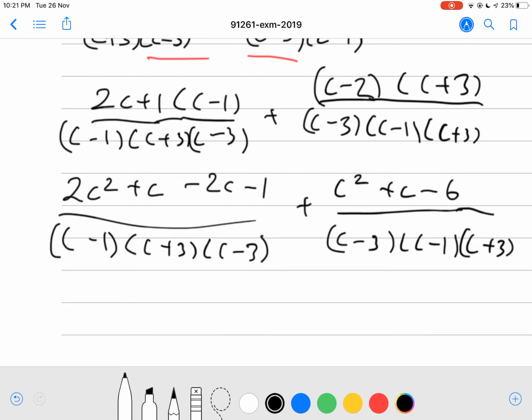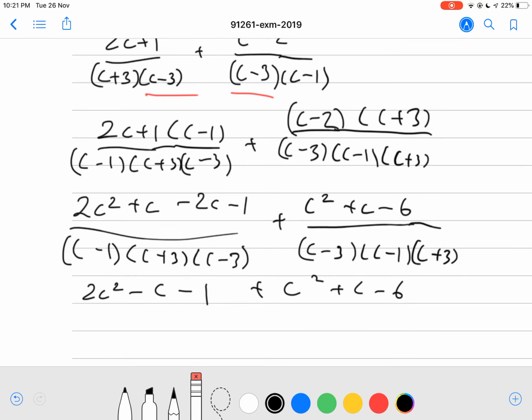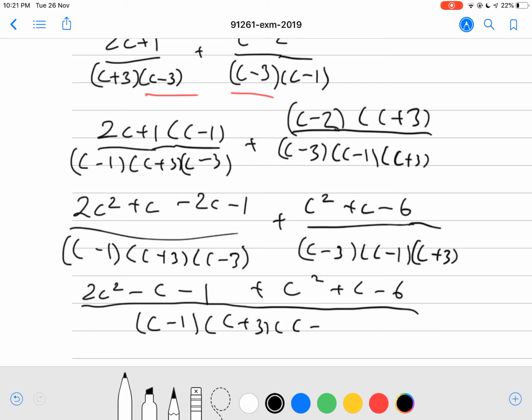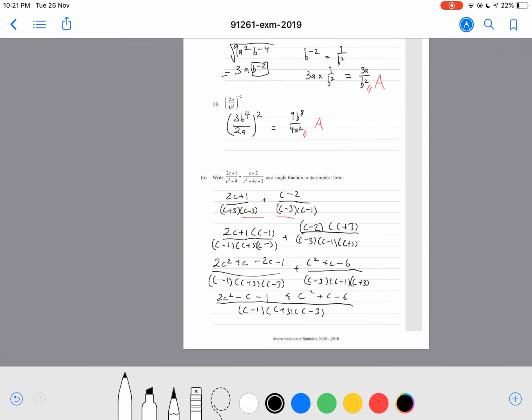Alright, so now we can add the two numerators together because the denominator is the same. Now we have 3c squared plus 2c, not plus 2c, we haven't simplified this yet. So this becomes 2c squared minus c minus 1 plus c squared plus c minus 6 over our denominator, which is c minus 1, c plus 3, c minus 3. Sorry, this line is very messy.